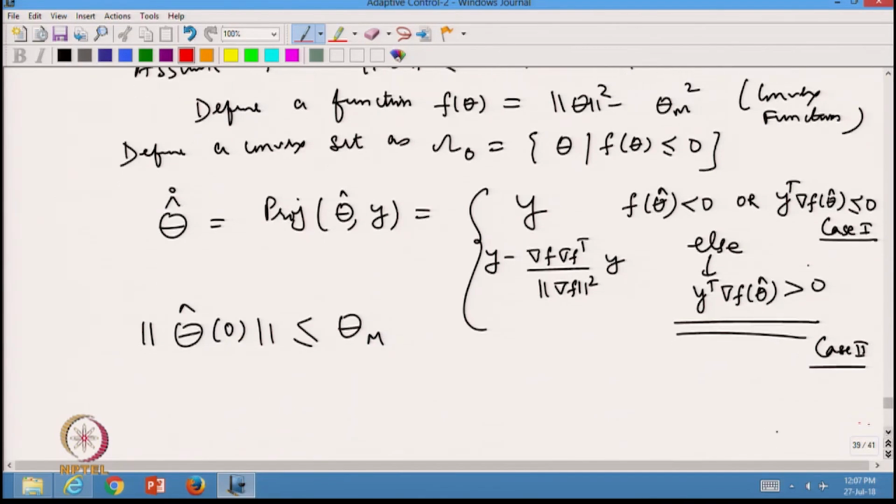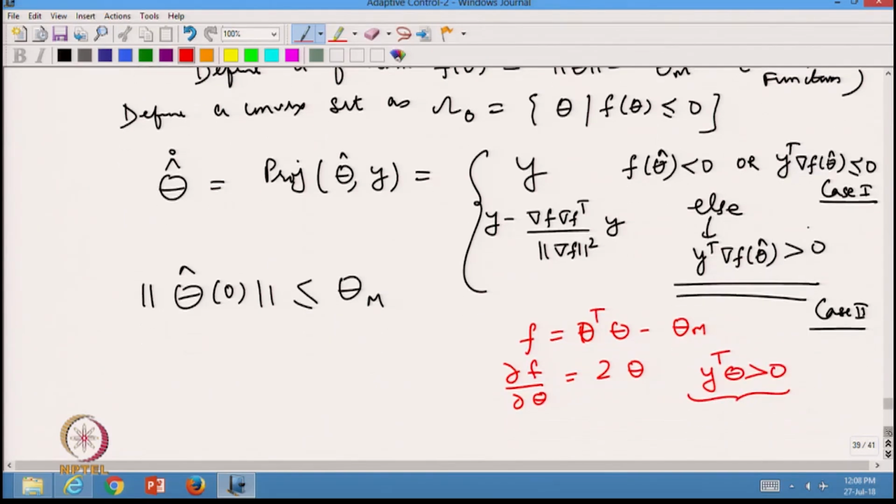So the function f that we had considered in this case is given by theta transpose theta minus theta m. So we take the gradient of f with respect to theta, and what we get is 2 theta. So this case 2 means that we are looking at y transpose theta being greater than 0.